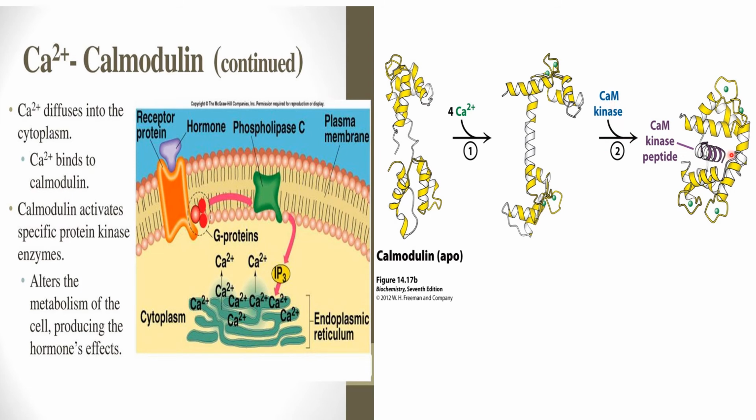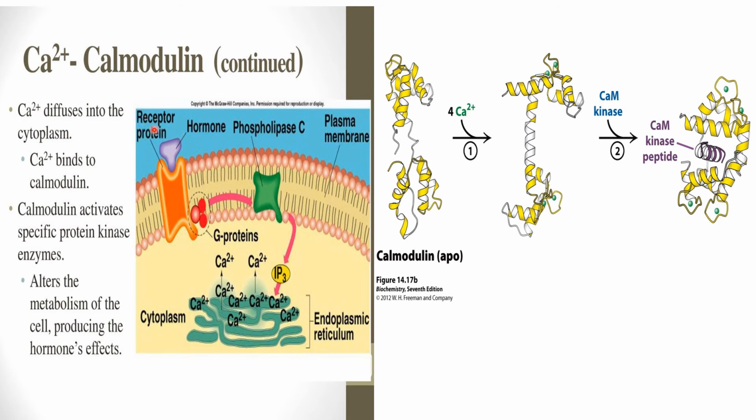For a short span the CAM kinase also binds with the calcium calmodulin complex, and then CAM kinase is activated. As its name is kinase, it will further be released for subsequent action on different proteins to phosphorylate them. Calcium calmodulin diffuses into the cytoplasm, and activates certain protein kinase enzymes.